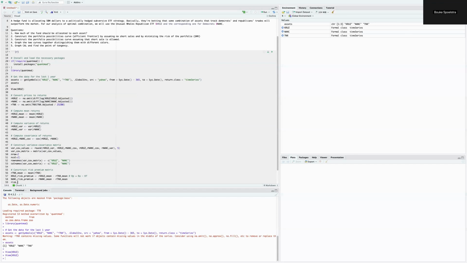Now making the matrix, we are again going to use matrix. We're going to round, combine cruise risk premium, Nance risk premium, and we'll round these to 5.